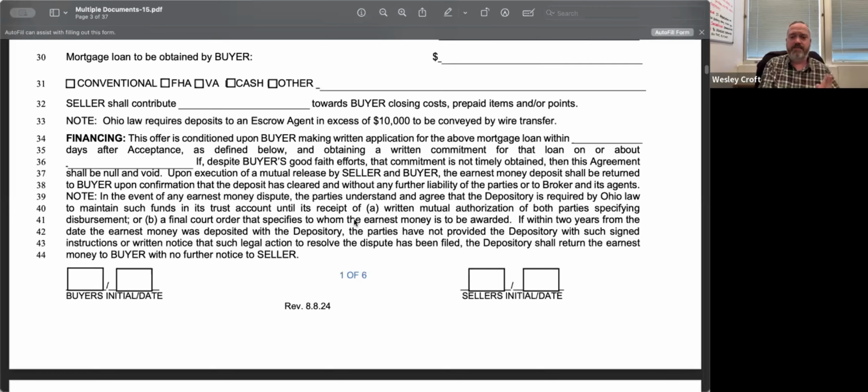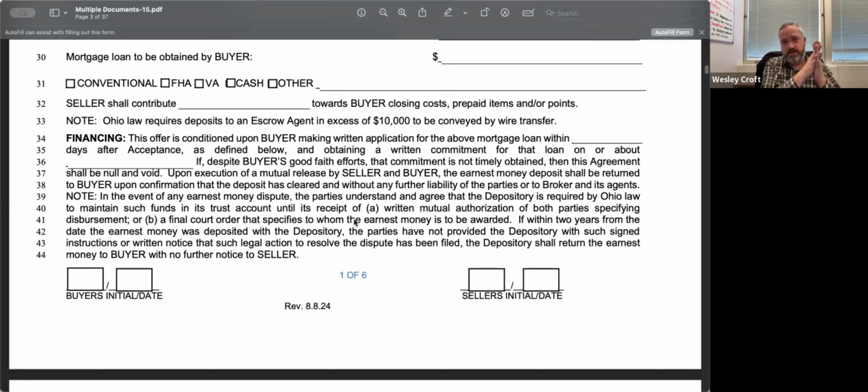Now, the rest of the sentence says, and obtaining a written commitment for that loan on or about blank. That blank can be 30 days, 45 days. What I do is I try to put it 7 to 10 days prior to closing.